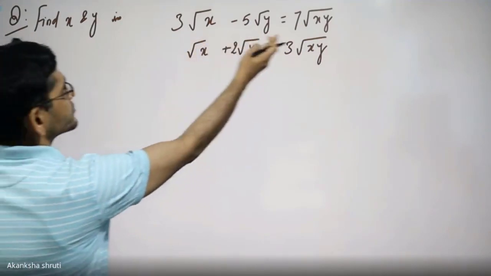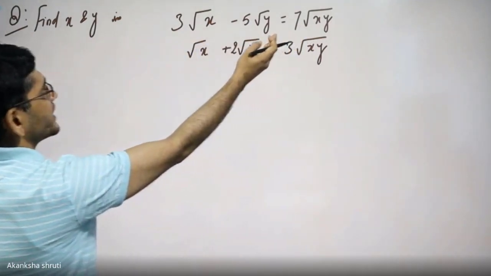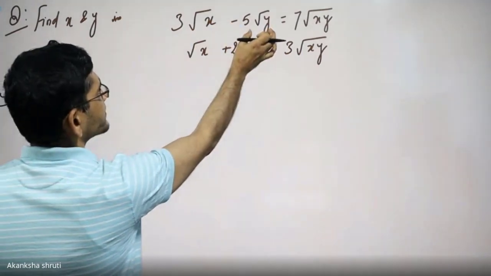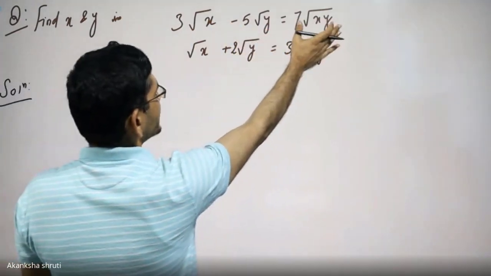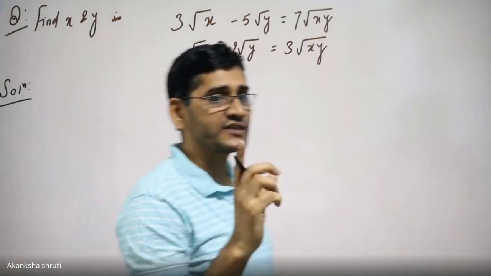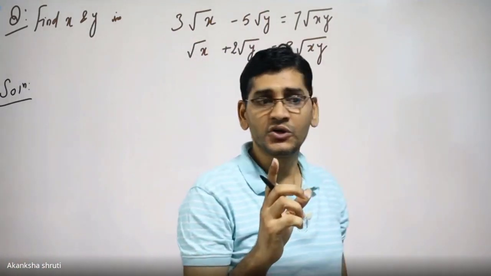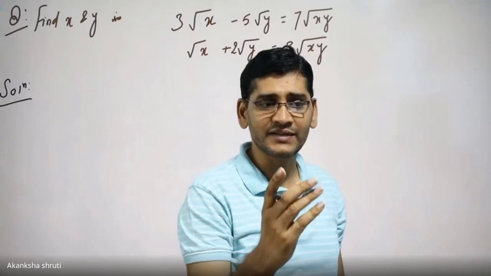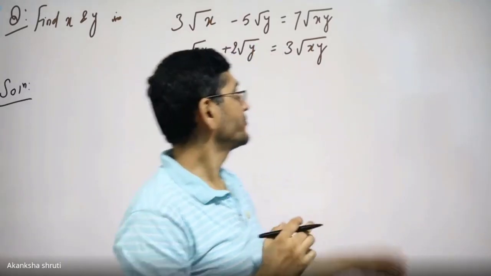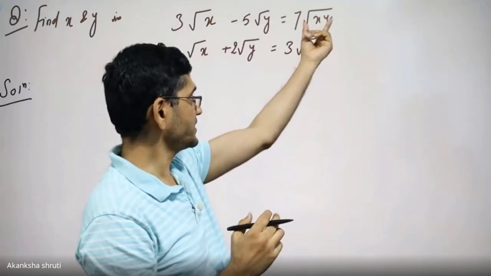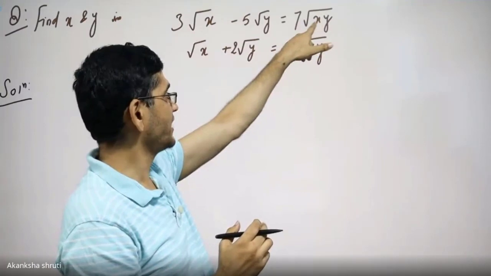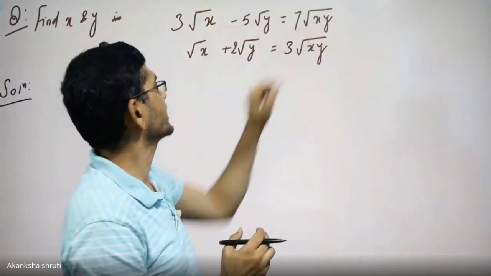For that we need to do the substitution. Here we are getting that this xy is distributed on left hand side as well as on the right hand side. So the very first step in such question is to bring these x and y on one side only. Okay, for that bring this under root xy in left hand side by dividing this equation by under root xy.